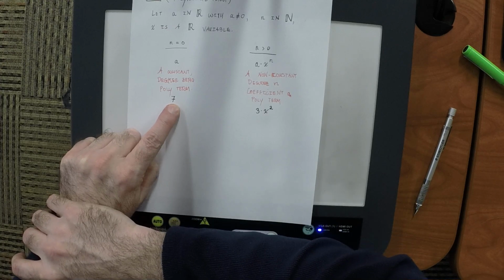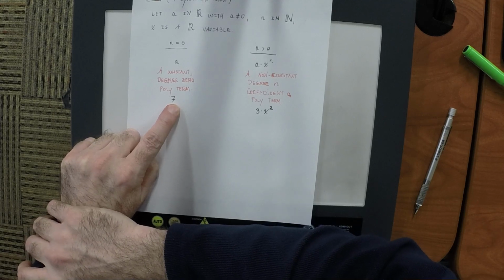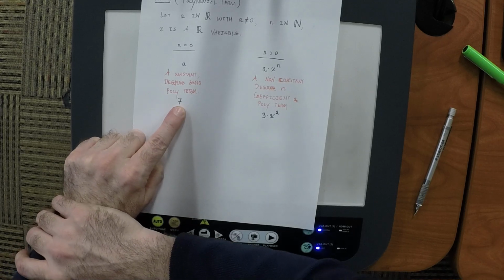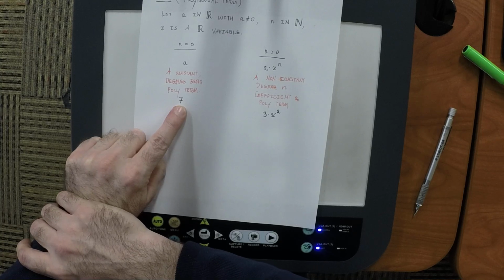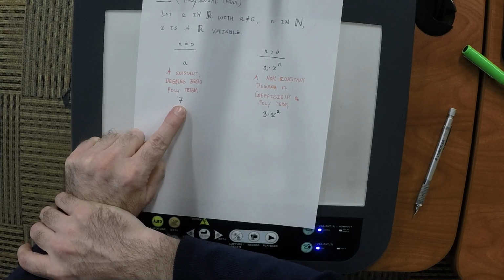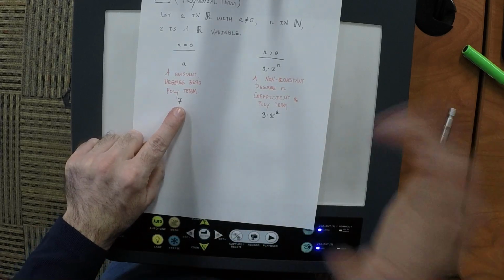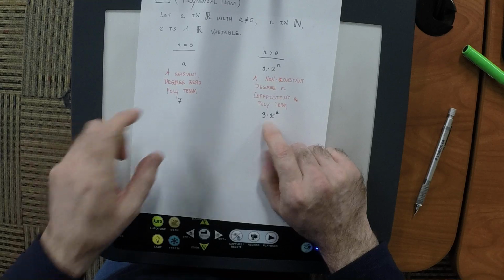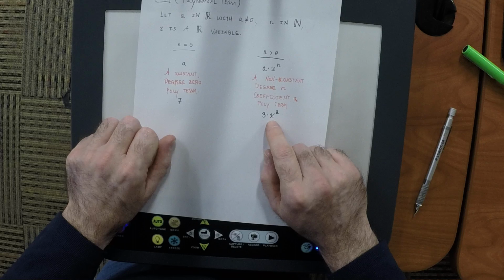You get 7, right? What do you get when you plug in x is 2? 7, right? And then asking this in sort of a more human way, what's the value of 7 on a Wednesday? 7, right? 7 doesn't really care what day it is. 7's a constant. It doesn't do anything. But this one depends on x. Whatever the value of this is, it depends on what you plug in for x. But that one, it doesn't. So this is a constant term, and this is a non-constant term. All right.